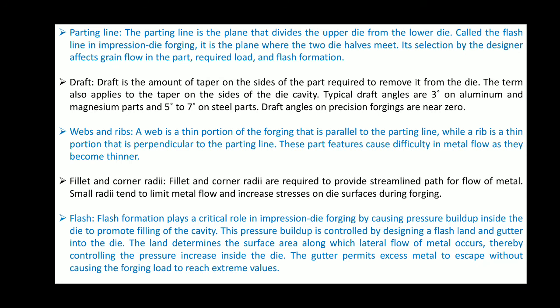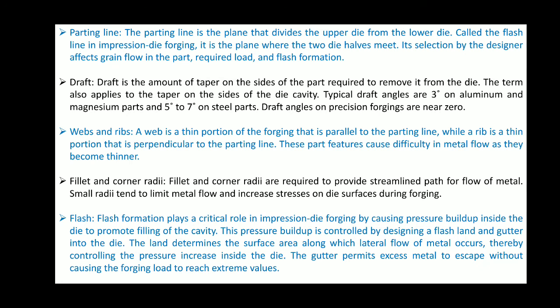Next, what about flash? We have already seen that this is nothing but the extra material. Flash formation plays a critical role in impression die forging by causing pressure to build up inside the die so as to promote the filling of the cavity. This pressure buildup is controlled by designing a flash land and a gutter into the die.